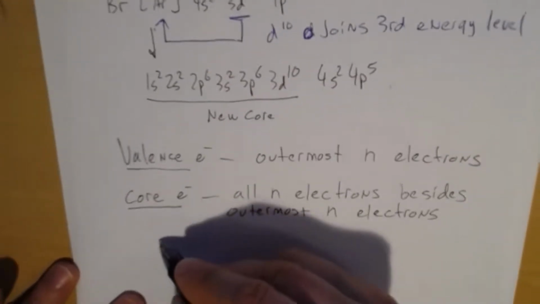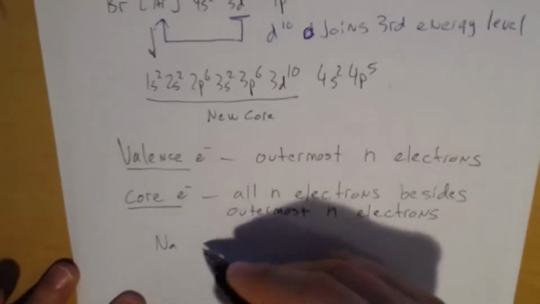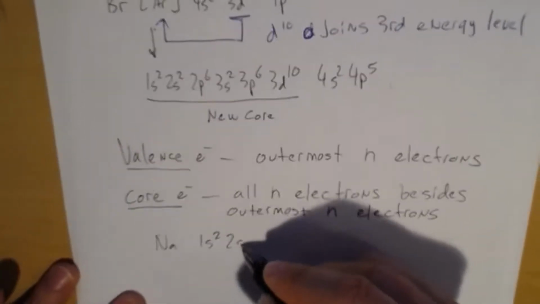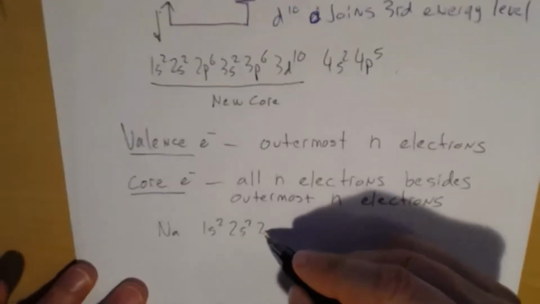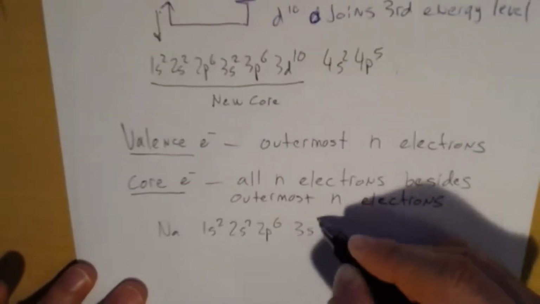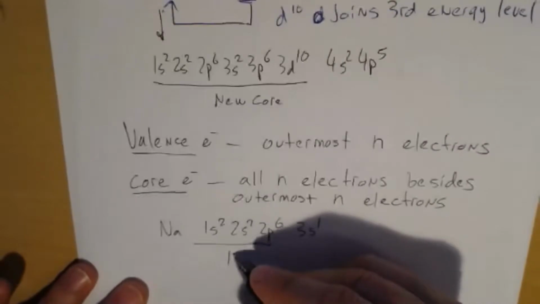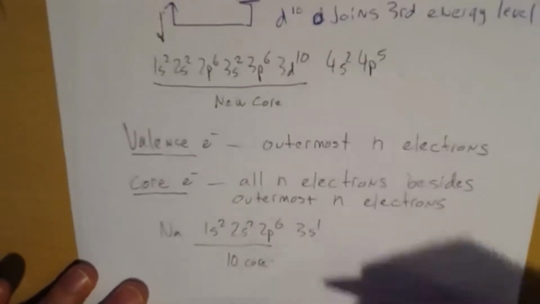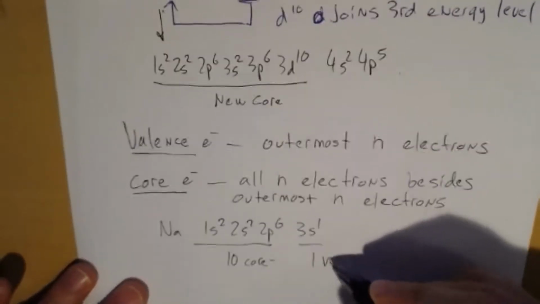So again, in sodium, which was 1s2, 2s2, 2p6, 3s1, there's 10 core electrons and 1 valence electron.